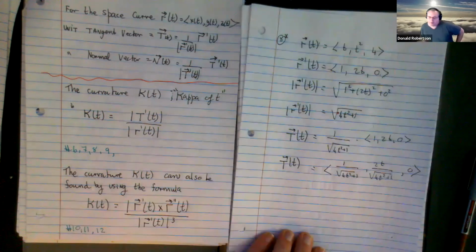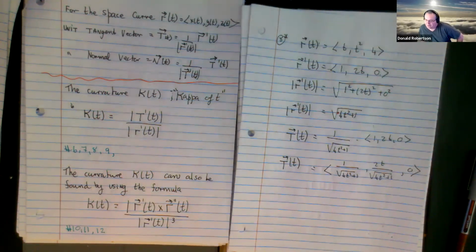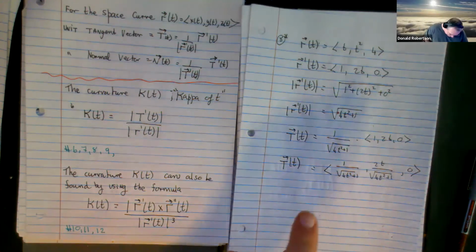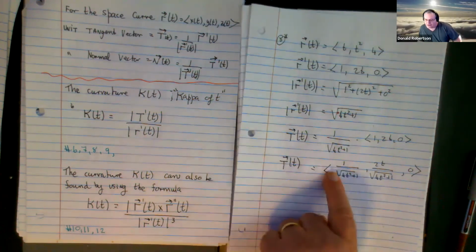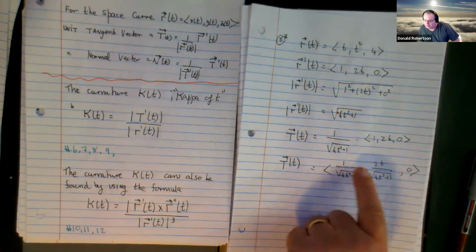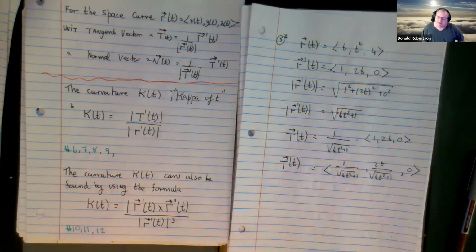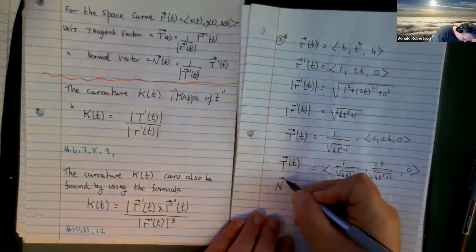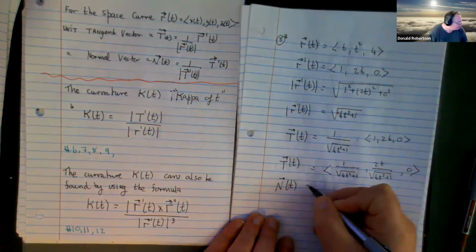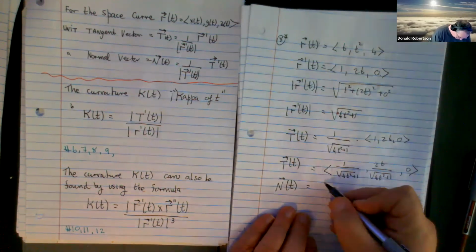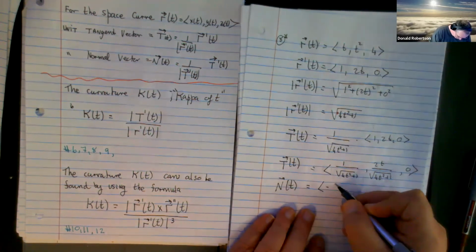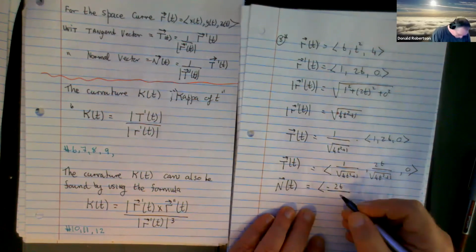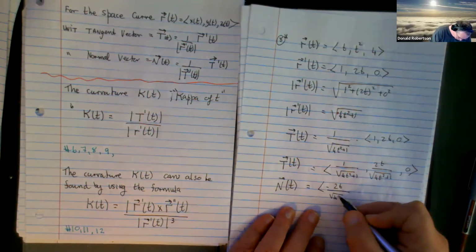Are you comfortable about the unit tangent? To save time, can you imagine I differentiated that guy? And trust me, can you imagine how much work that's going to involve? Then find the magnitude, which is even going to be uglier. And then you put it all together. And here is one that I prepared earlier. You will get the answer, negative 2t over the square root of 4t squared plus 1.